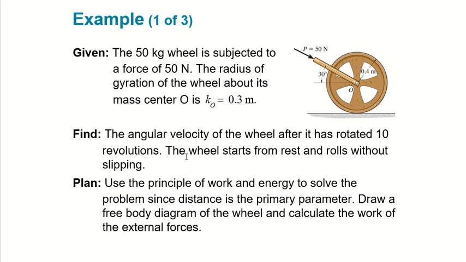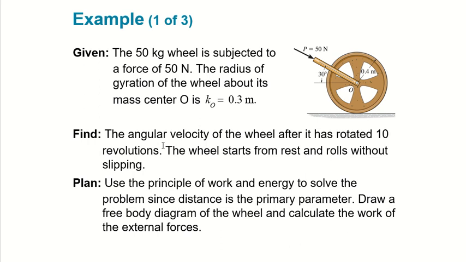We want to find the angular velocity of the wheel after it has rotated 10 revolutions, which is 2 pi radians each. The wheel starts from rest and rolls without slipping.